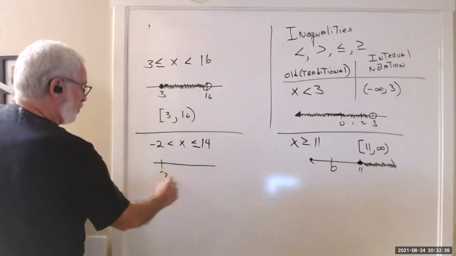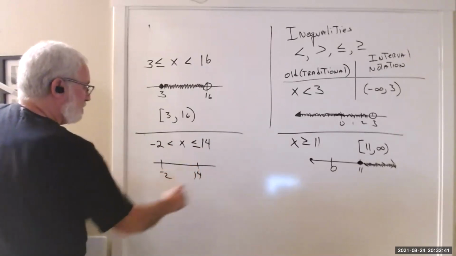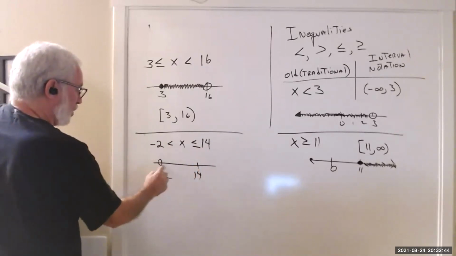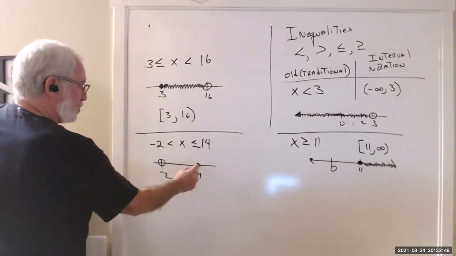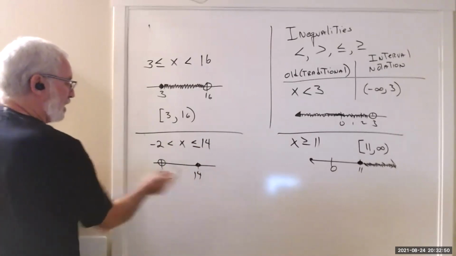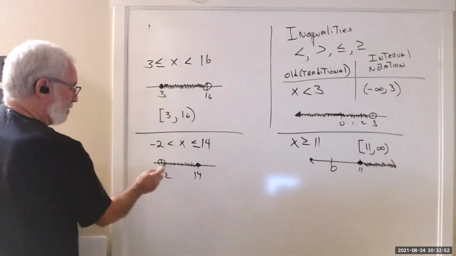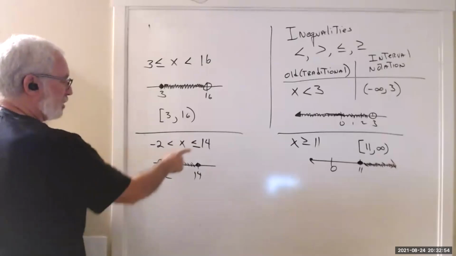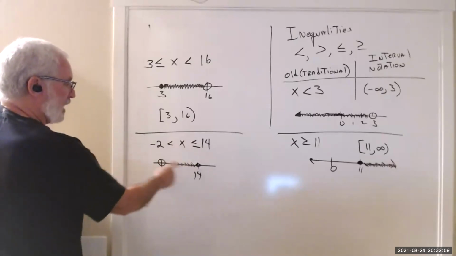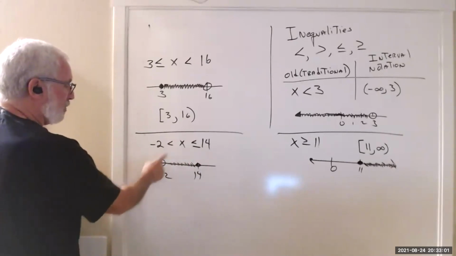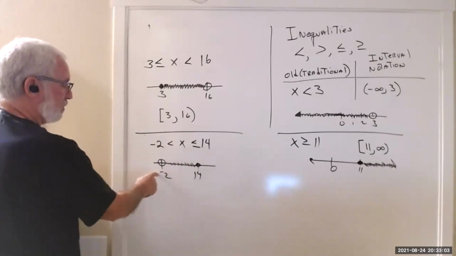This is -2. This is 14. This is an open circle on the -2, closed circle on the 14, and X is everything here in between. It's a closed circle because it's an equal to. It's an open circle on the -2 because it wasn't equal to.